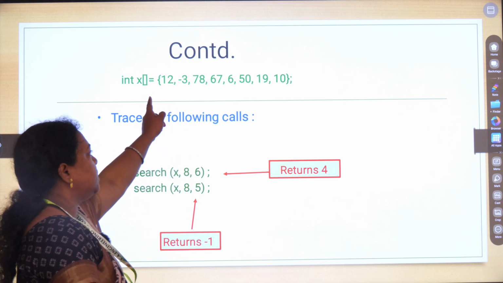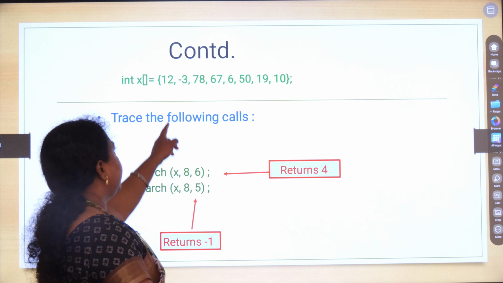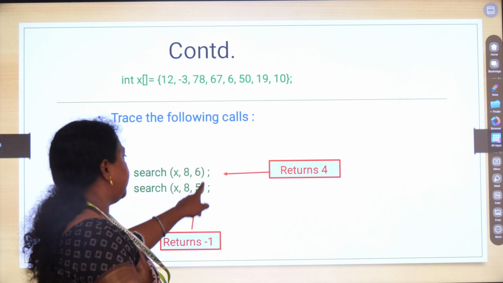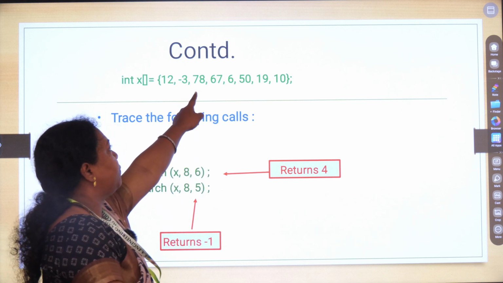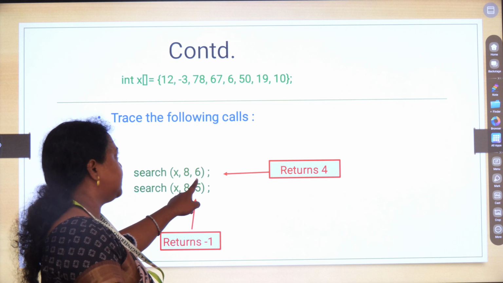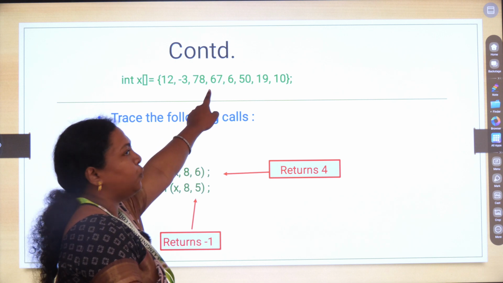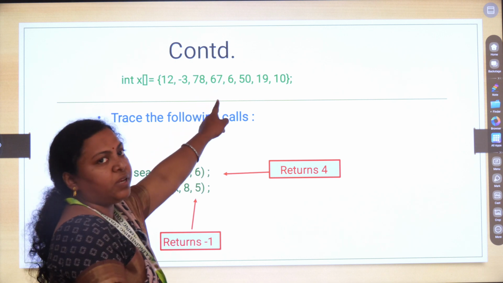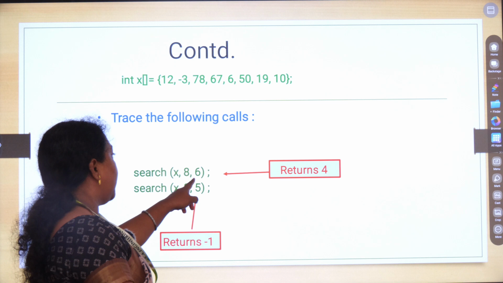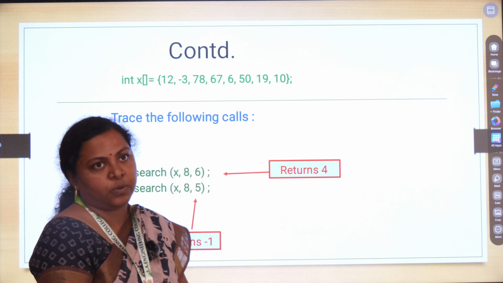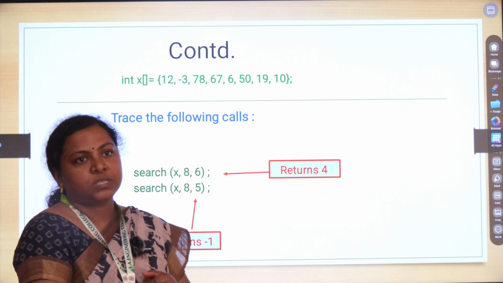So it is not equal to 6, so the position will be increased, POS will be incremented, and then POS of 2 will be checked with the key and it is not matching, so POS will be incremented, and POS of 3 will be checked with 6 and it is not matching, so POS will be incremented and it moves on to 4 and it checks, and finally when POS is equal to 5, A of POS and the key is equivalent, so the result that will return is POS is equal to 6.